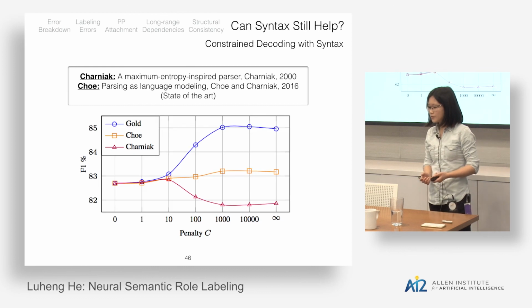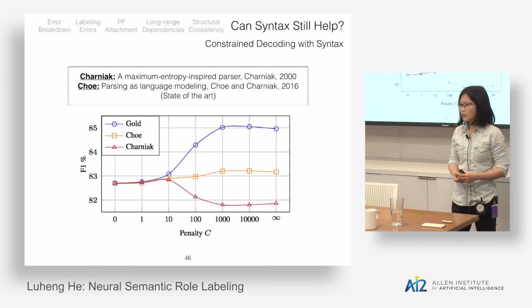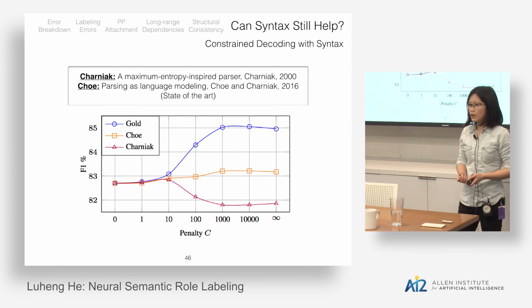So here's the result for constraint decoding. We use three different sources of syntax: the gold syntax, the Charniak parser, which was published in 2000, and the state-of-the-art syntactic parser by Choi. If we use gold syntax, we get a pretty good gain of over 2 points.